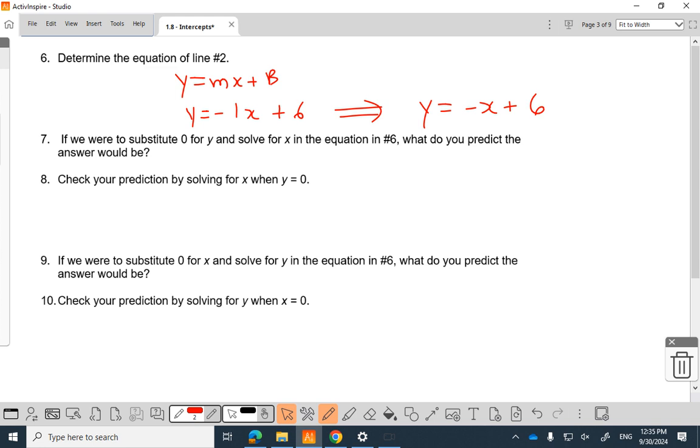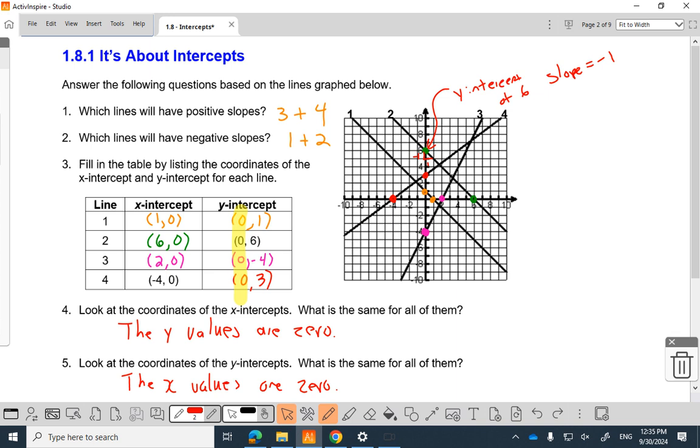If we were to substitute 0 for y in equation number 2, what do you predict the answer would be? Oh, that's very hard, but the answer is right here.